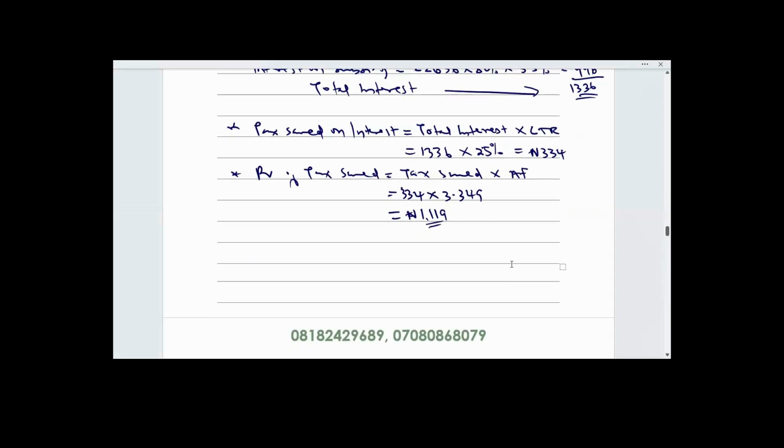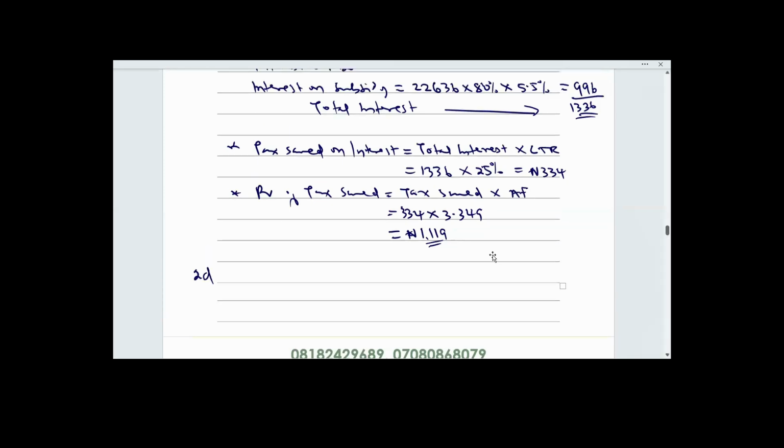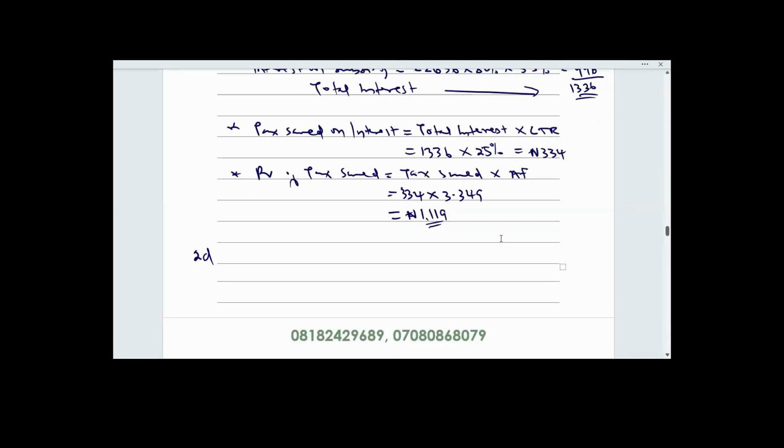So finally, all I need to do now is to calculate the PV of financing effects. That will be 2D. PV of financing effects, cash flow.